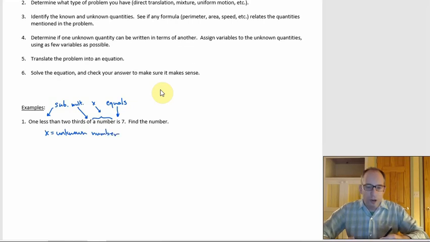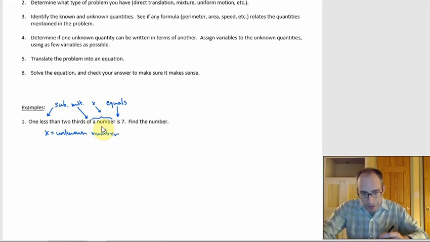Okay, well then, right from here with the direct translation, if you know what the operations are and where the equal sign is and that kind of thing, you can probably jump right to doing the translation because you don't have multiple unknown quantities. There's only one thing that you don't know, whatever this number is. So there's no rewrite one unknown in terms of the other unknown or anything like that, at least not yet.